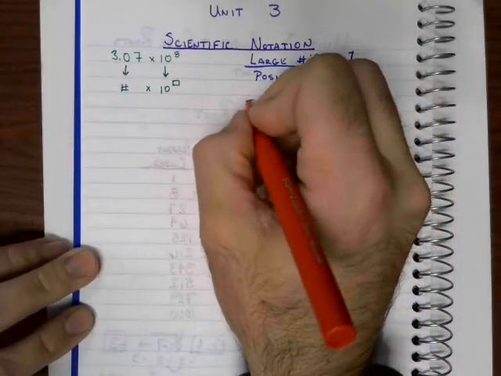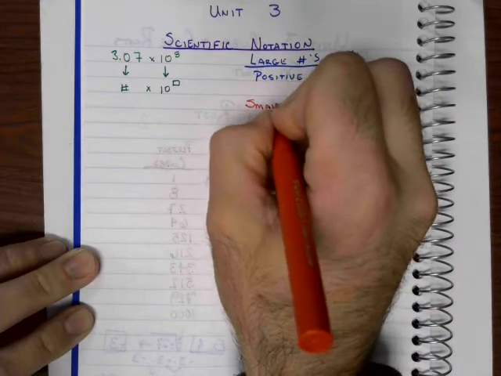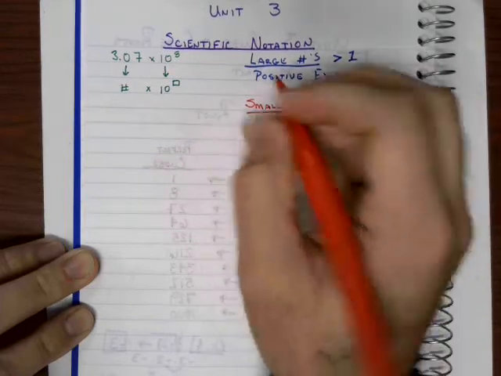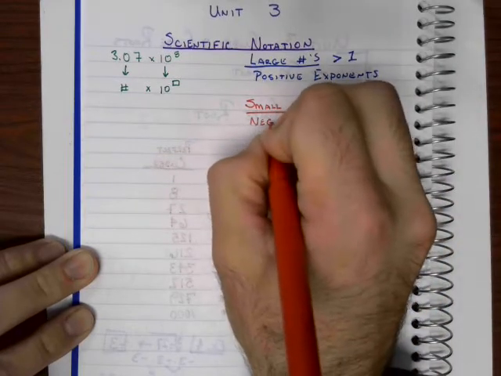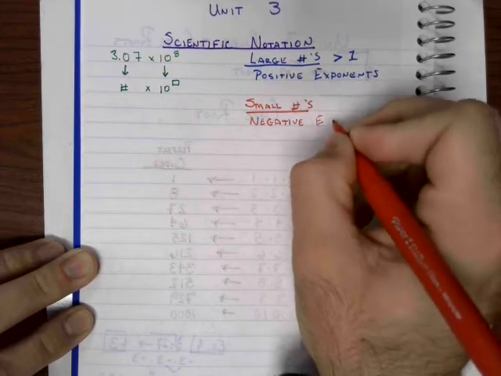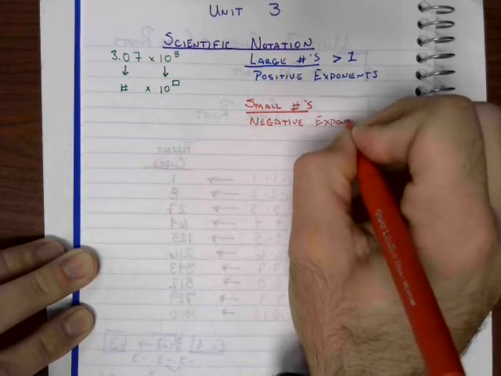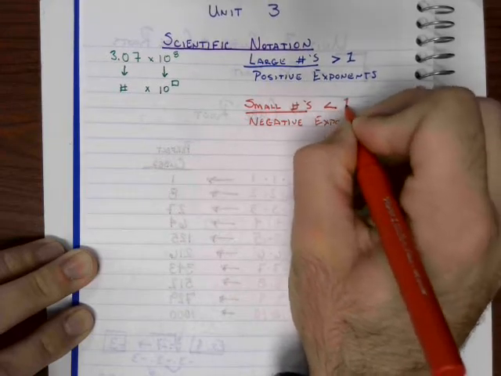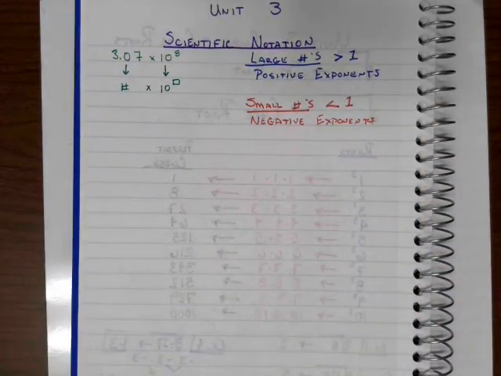Small numbers have negative exponents. These are numbers that are less than 1. So any number less than 1 has a negative exponent.